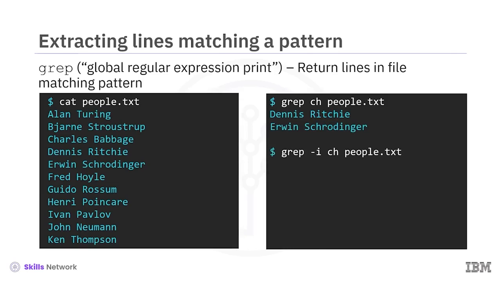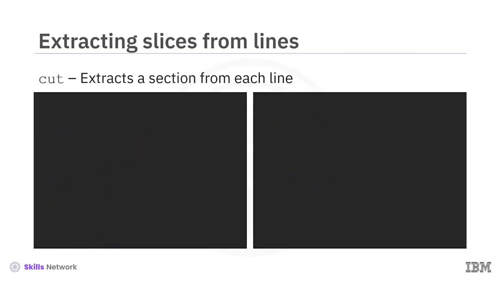Performing the same operation, but this time with the -i option, returns an extra result, Charles Babbage, which has an uppercase C. The -i option expands the pattern search by making it case insensitive. You can also use the cut command to extract specific sections from each line in your file.